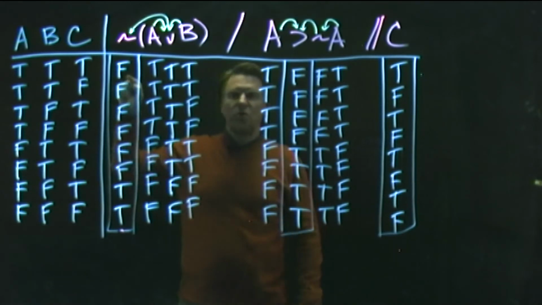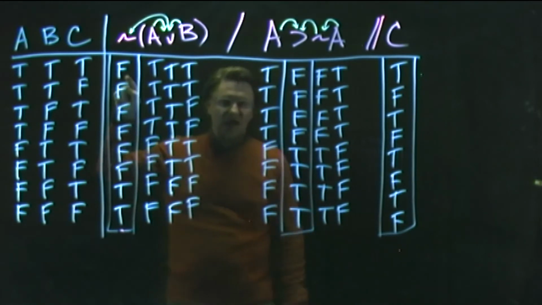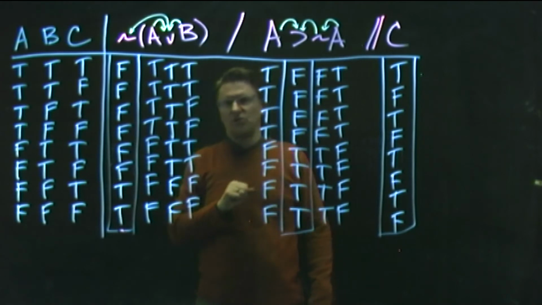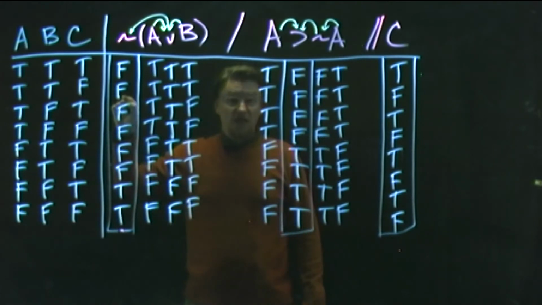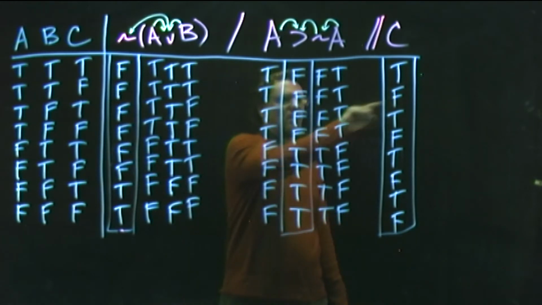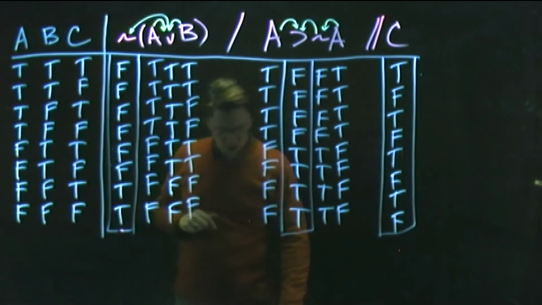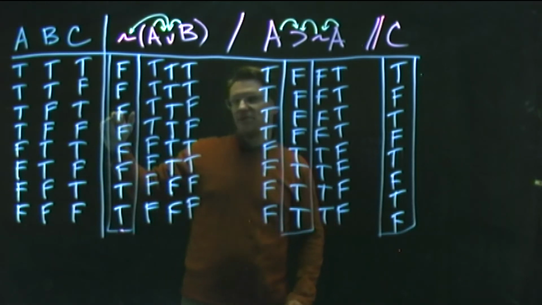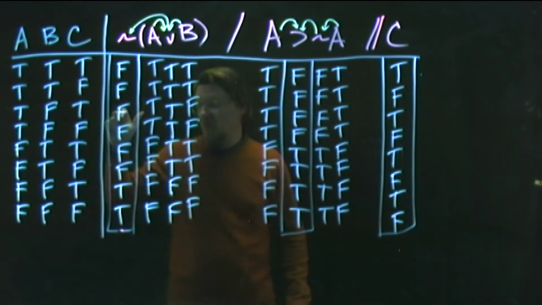So this first row clearly will not show that we have all true premises and a false conclusion. The second row, again, this is going to go pretty quickly here, right? Because the second row cannot be a row where we have all true premises and a false conclusion. The third row is the same situation because we have a false premise there. Fourth, fifth, and sixth row.